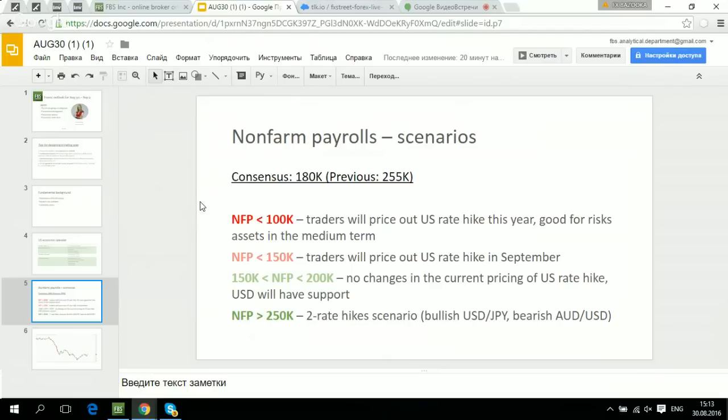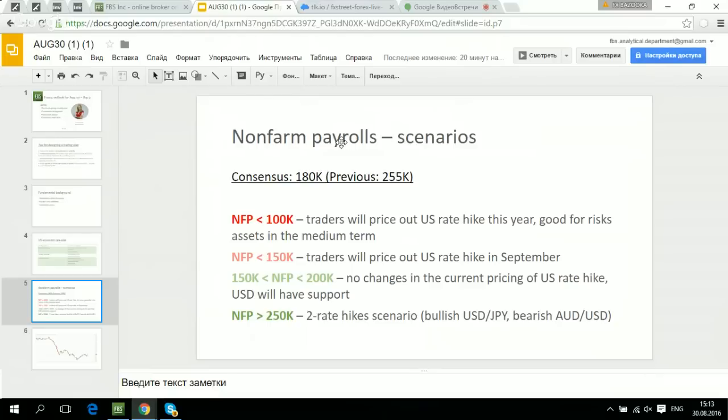Firstly, I'd like to point out that the consensus forecast is about 180,000 of new jobs in America. And this is, of course, less than the previous reading, a very strong reading of July of 255,000 jobs.